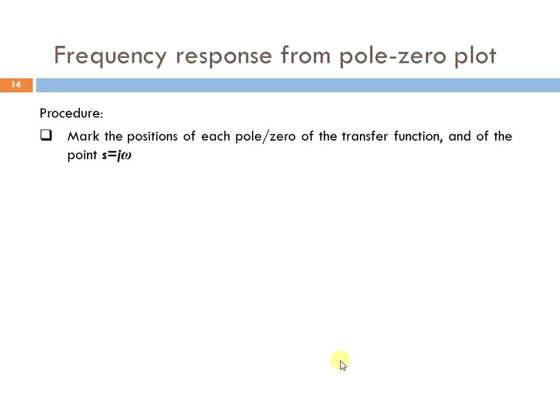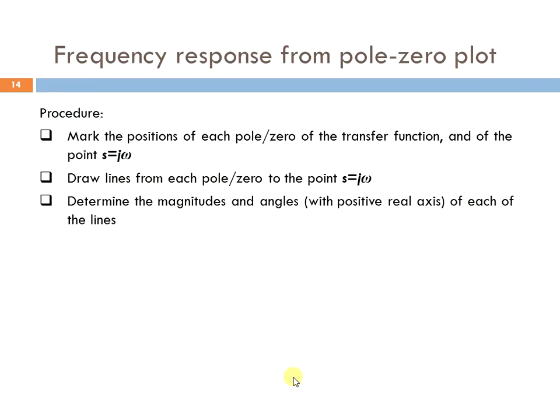Now, to apply this method, we begin by drawing the pole-zero plot of the transfer function and marking the point on the j omega axis that corresponds to the input frequency. Then we draw straight lines from each of the poles and zeros of the transfer function to the point on the j omega axis, and then calculate the magnitudes and phases of all the lines.